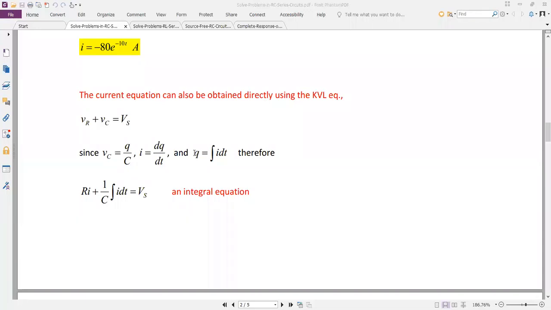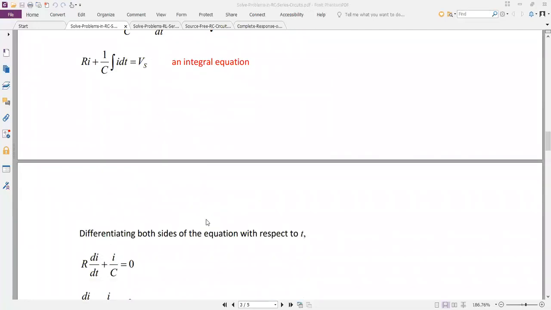So it follows that your Q, if we treat this as a separable differential equation, will be the integral of I dt, which tells us, therefore, that your voltage drop across the resistor, which is Ri, plus the VC, which we will change to Q, which is the integral of I dt, divided by C, because our V sub C is Q over C and Q is this, equals Vs. And this is an integral equation.